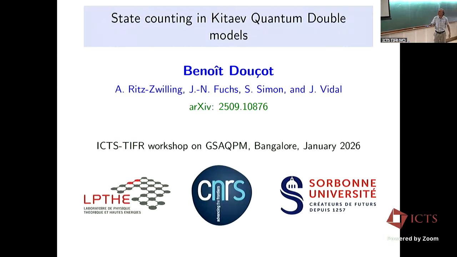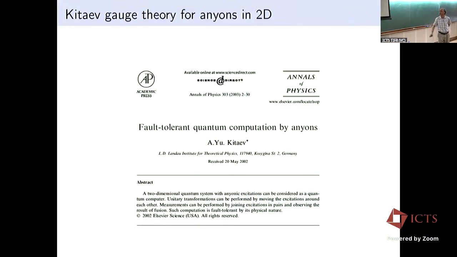So what type of model are we going to use? Well, there have been so far many discussions about the toric code, and deservedly so. It's really one of the most instructive models to understand what topological order can be.